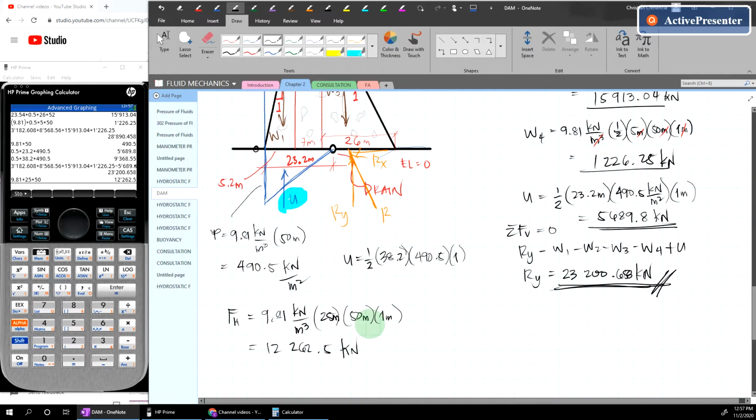Okay. So paano natin ma-locate or ma-determine yung location nung reaction or nung resultant? So again, meron tayong formula that x bar. So yung x bar natin is from the toe. Okay, or galing dito, ito na sa toe.